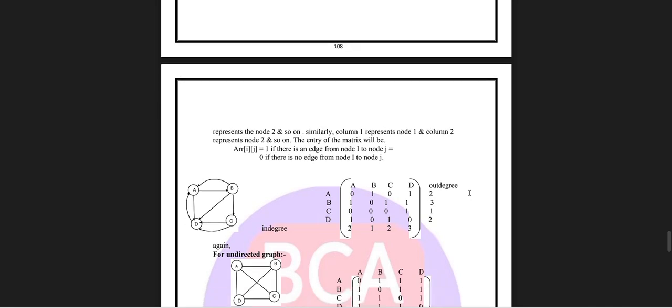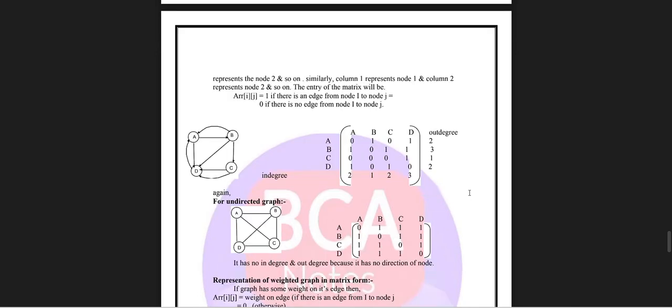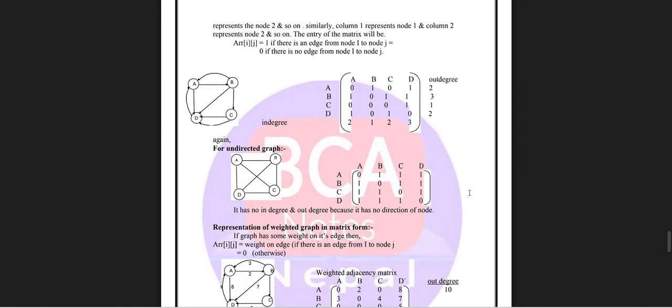The entry of the matrix will be 1 if there is an edge from node I to node J, and 0 if there is no edge. For the undirected graph, the matrix is 0 1 1 1, 1 0 1 1, 1 1 0 1, 1 1 1 0. It has no in-degree or out-degree because it has no direction.